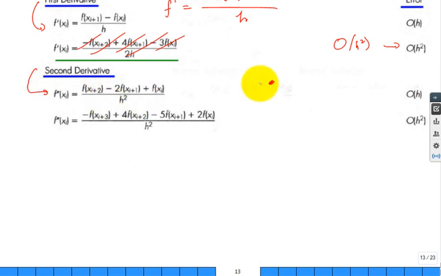So if you have a node, a node, a node, you have x at i minus 1, x at i, x at i plus 1.